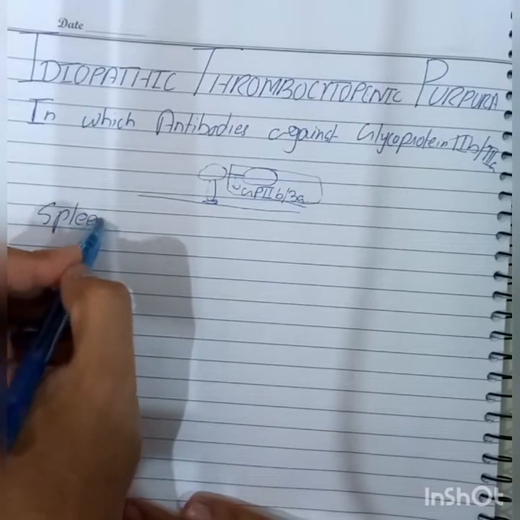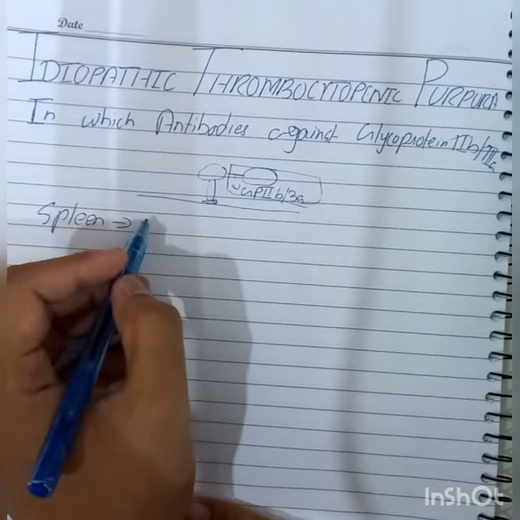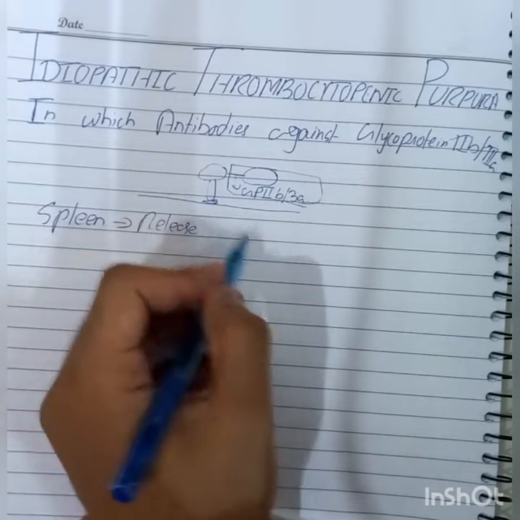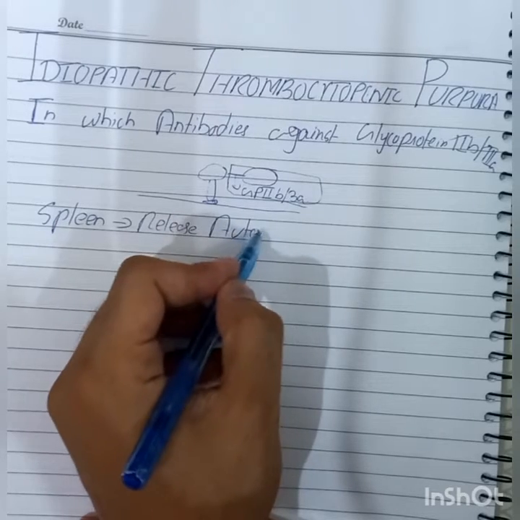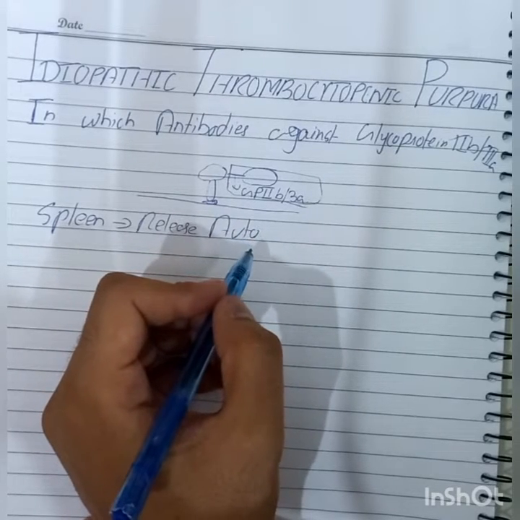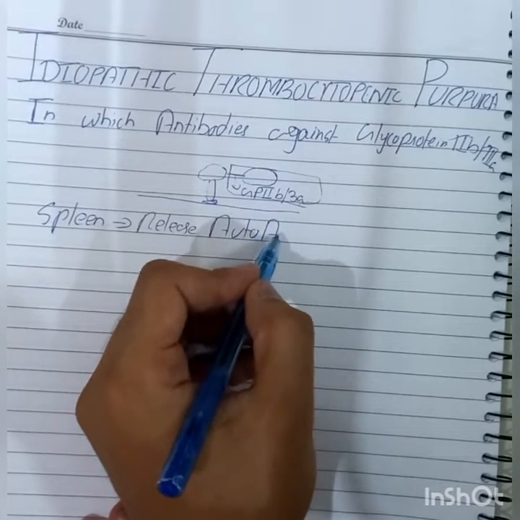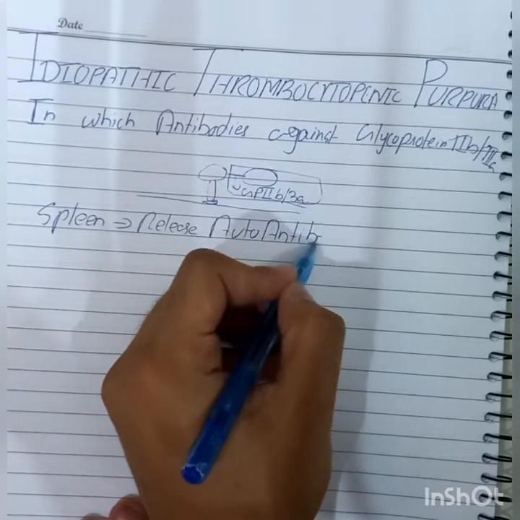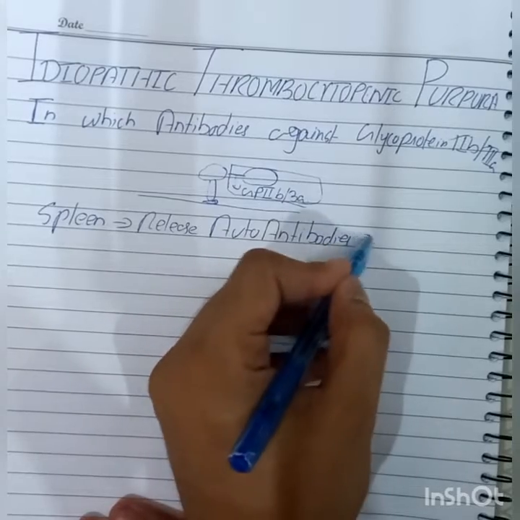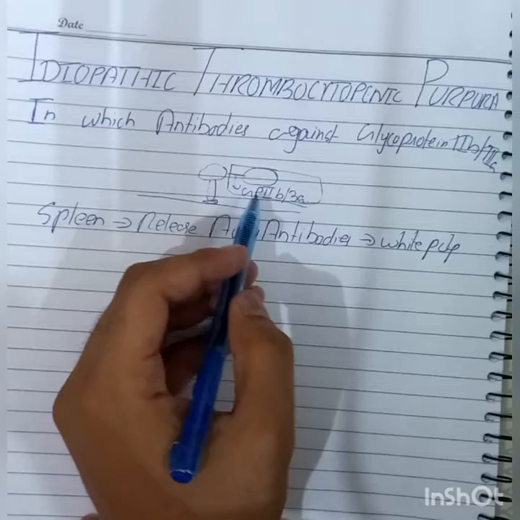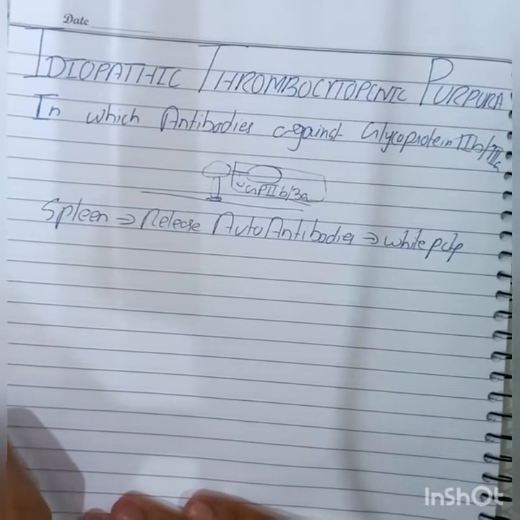Why is the spleen the main culprit? Because the spleen releases autoantibodies from the white pulp. As you know, the spleen has two pulps, one white pulp and one red pulp. The spleen releases antibodies from its white pulp, and these antibodies attach to the glycoprotein 2b3a receptor.